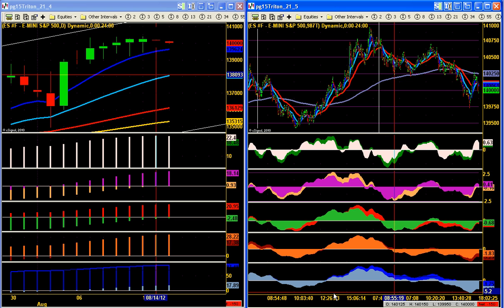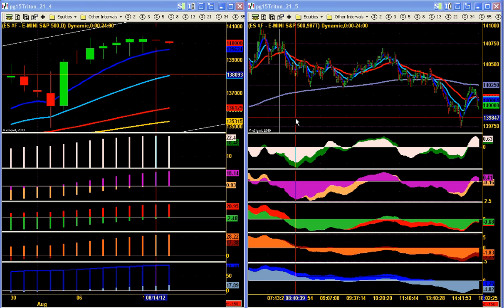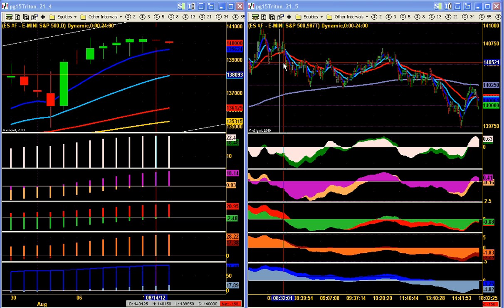This is the 987 chart. So on the 987, below zero happens right about the same spot. Actually, a little bit sooner at 1406, and 2 minutes earlier.